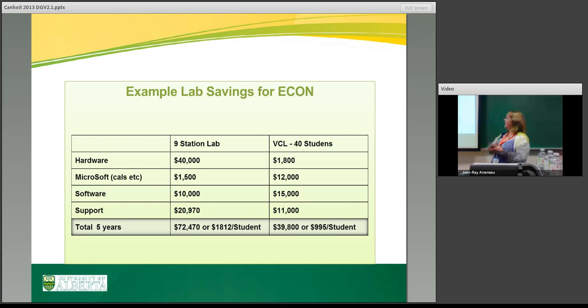What we found out is, we'll talk about that a little bit later, but most people aren't on concurrently. The big number that you have to consider if you go into this VCL environment is your Microsoft licensing. Right now, Microsoft requires that you use VDA licensing for this type of model. So you have to pay for a CAL to connect to the server, even though it's not a Microsoft server.